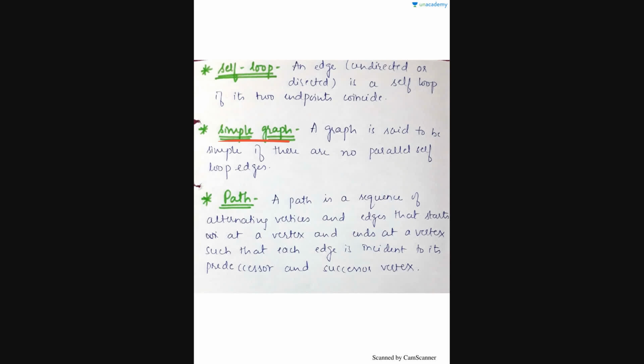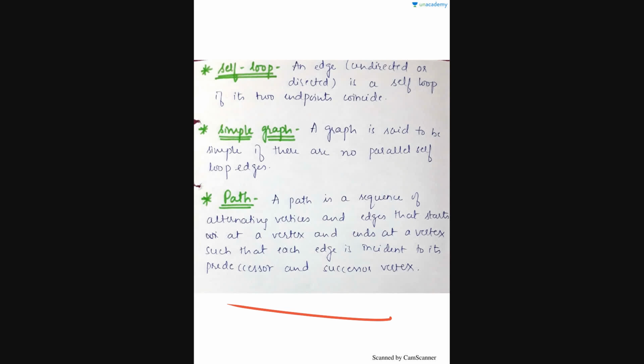So this was all about the concept of graph. What we learnt in graph was what a graph is, the two main concepts used in graph, that is vertices, which are called nodes, and edges, which are called arcs.